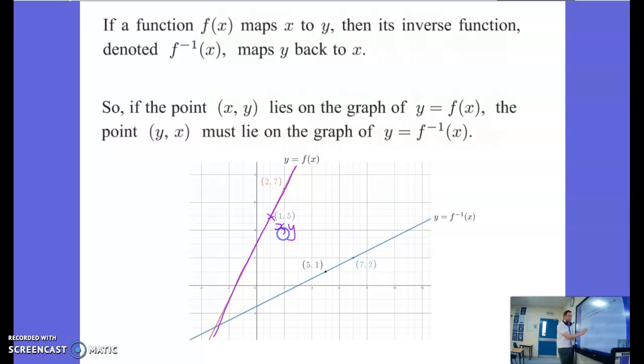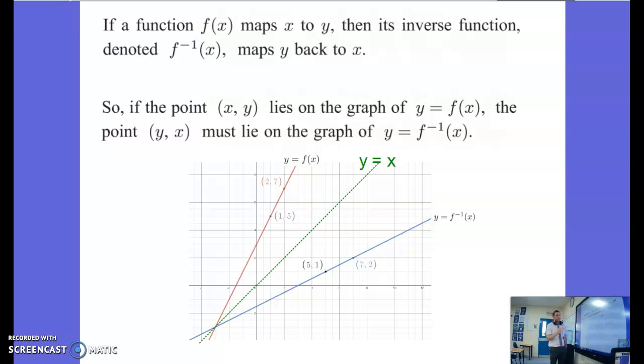On my inverse function here, and this is that y equals x minus 3 over 2, we find that we have that coordinate swapped round. So if 1, 5 is on this line, on the inverse function we'll have 5, 1. If 2, 7 is on y equals f of x, 7, 2 is going to be on the line y equals the inverse of x.